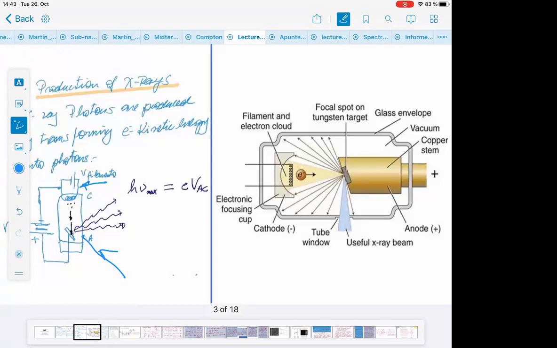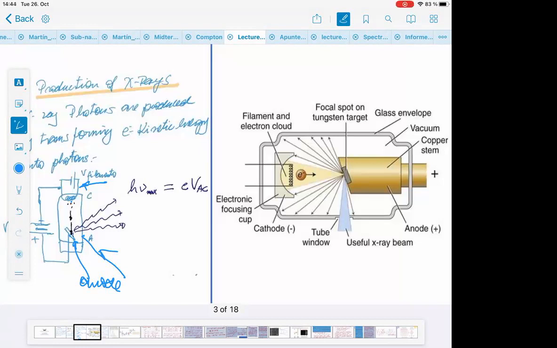And then I put a high voltage power supply as this one, with the polarity such that the electrons will feel attracted to the anode. This is the anode here, and the electrons come out of the cathode or the filament.